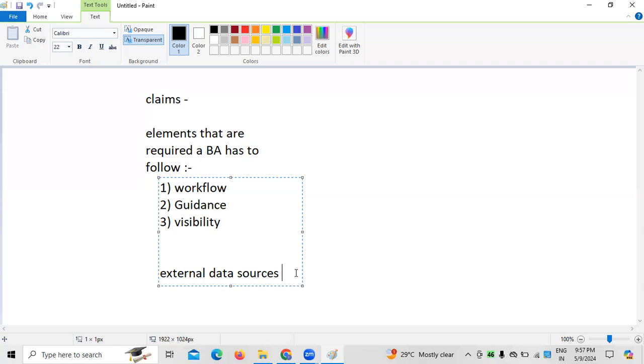We need to focus more on workflow, because most of these workflow changes will be done by us as a BA. Based on the workflow process we have created for claim processing, the work moves on to the next level and is taken care of by the development team.